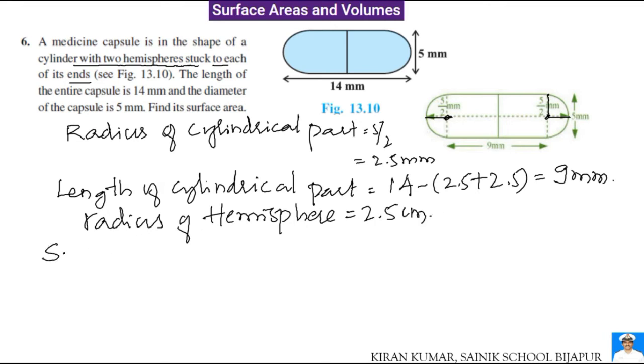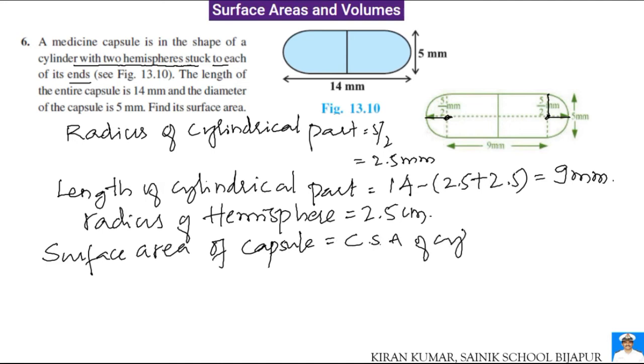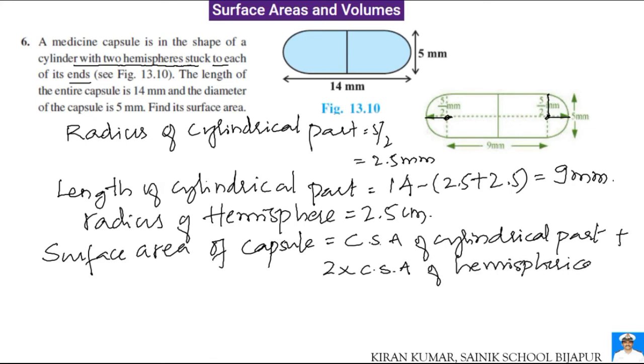Now the surface area of the capsule will be equal to the curved surface area of the cylindrical part added to twice the curved surface area of the hemispherical part, isn't it?